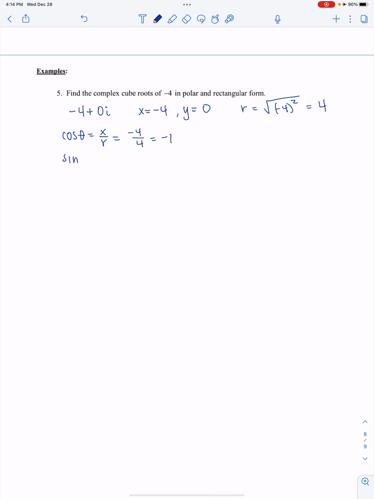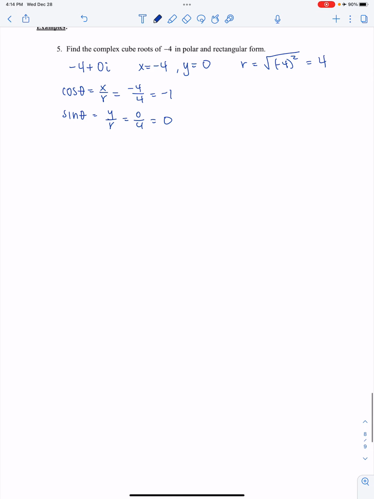And my sine is y over r, 0. So when cosine is negative 1 and sine is 0, that tells me my theta is pi. So we have z equals 4 times cosine pi plus i sine pi. In exponential form, this is 4e to the i pi.